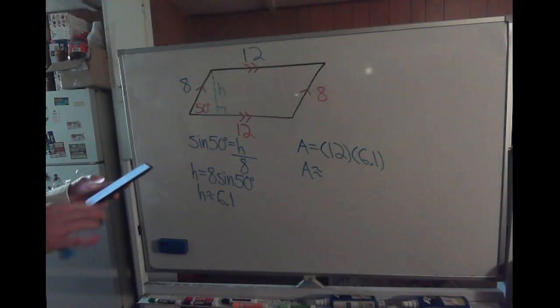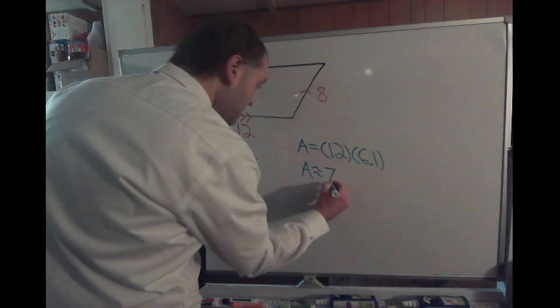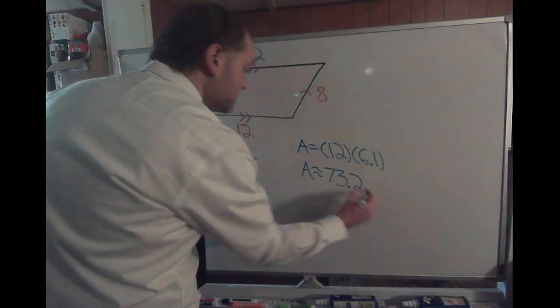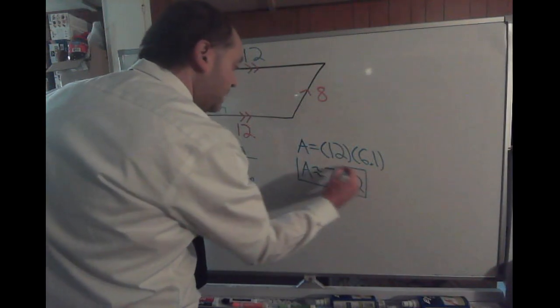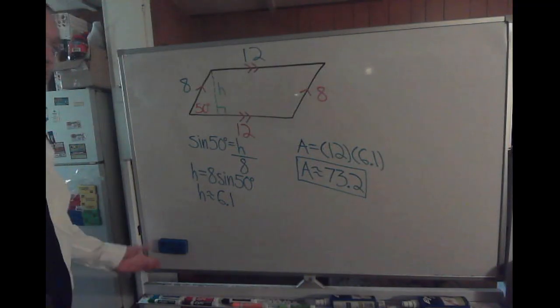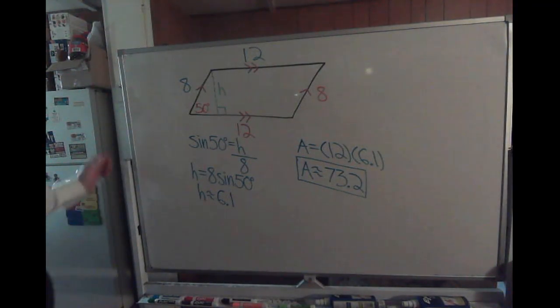It should definitely be over 72. 73.2. All right, so the area of this parallelogram is approximately 73.2 square units. So yes, sometimes you can actually involve some trig in this too.